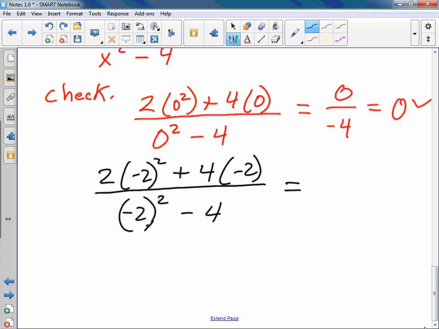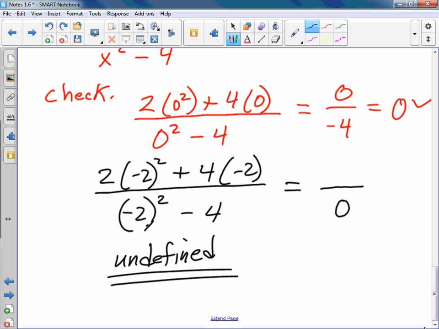What does this equal? Something over 0. I don't even care about the rest. It's undefined. Or it might be indeterminate. I don't know. Undefined. Hold that thought.